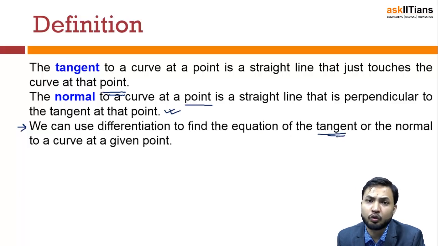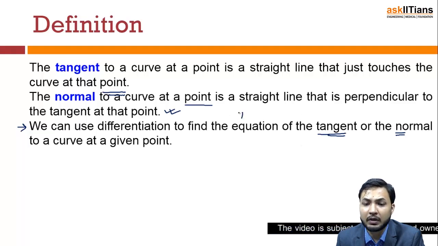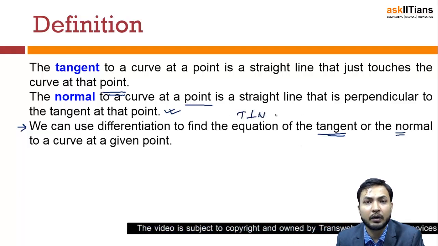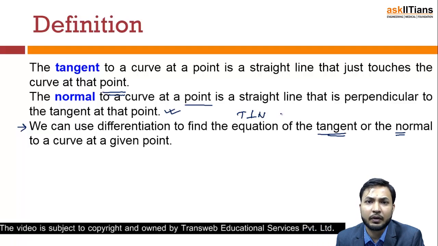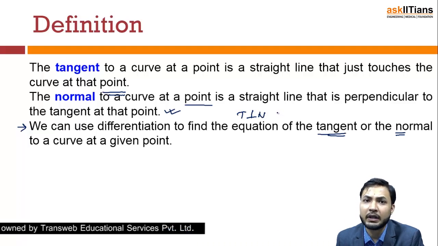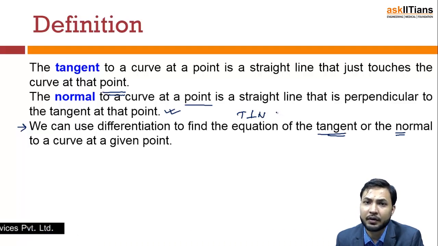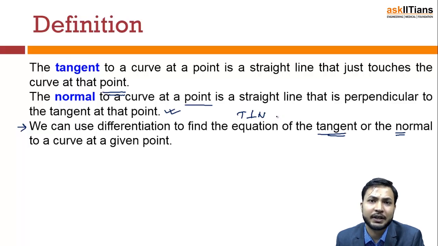If we know how to do that, we can obviously find the normal. Why? Since the tangent is perpendicular to the normal, the only difference will be the slope, which would be the negative inverse. In both equations, the slope is the only factor that differentiates them, because with perpendicular lines the slope is the negative inverse of the other.